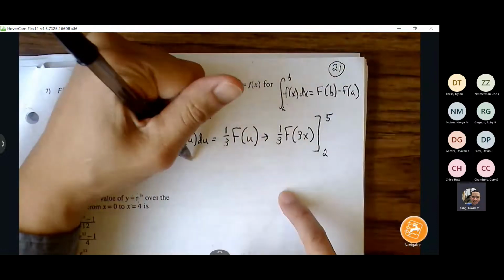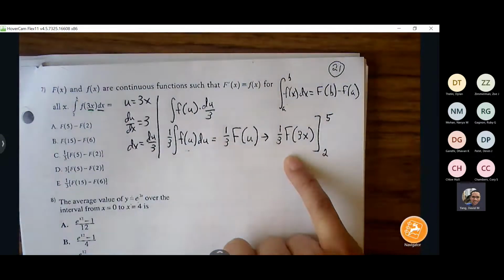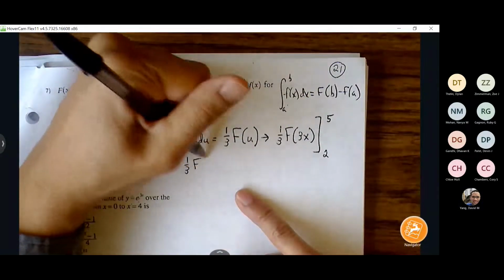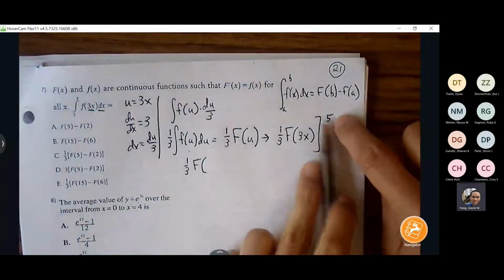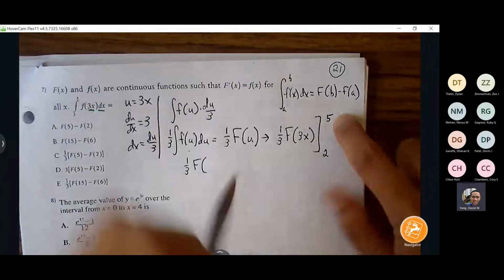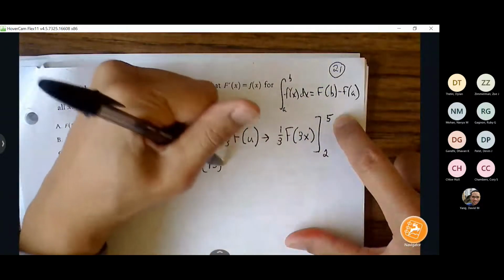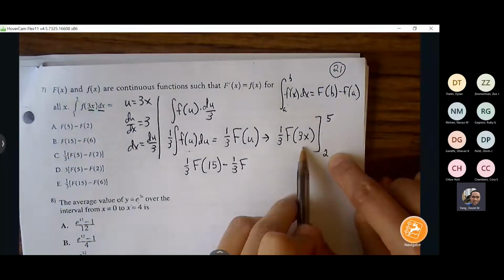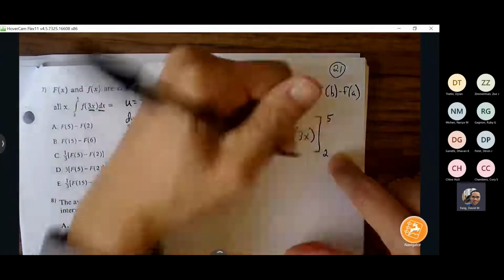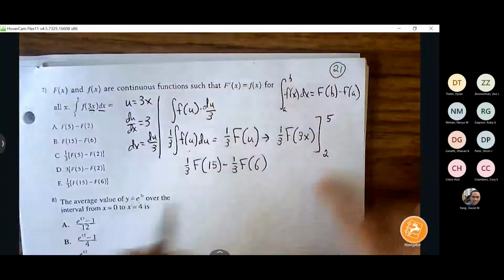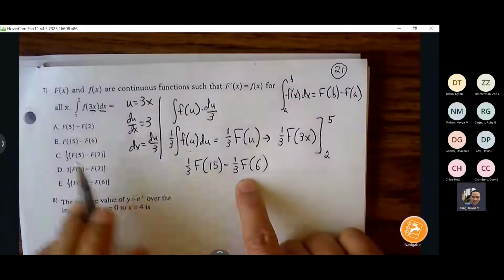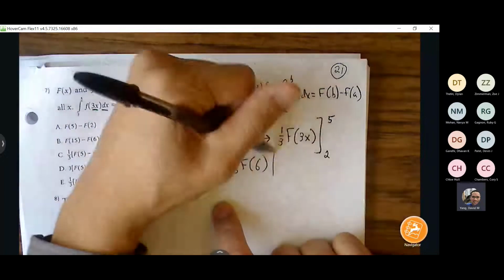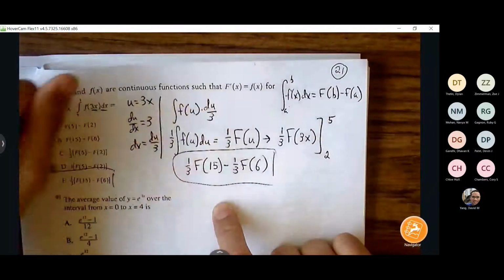Upper bound first: 5 in for x, 3 times 5 is 15. Insert lower bound into x, 3 times 2 is 6. All right, this is as far as we need to go because it matches our answer choice E. So we can stop here and end the problem.